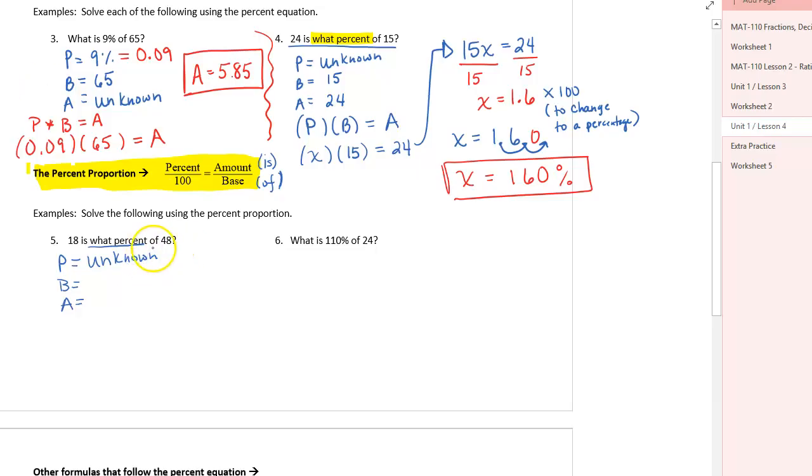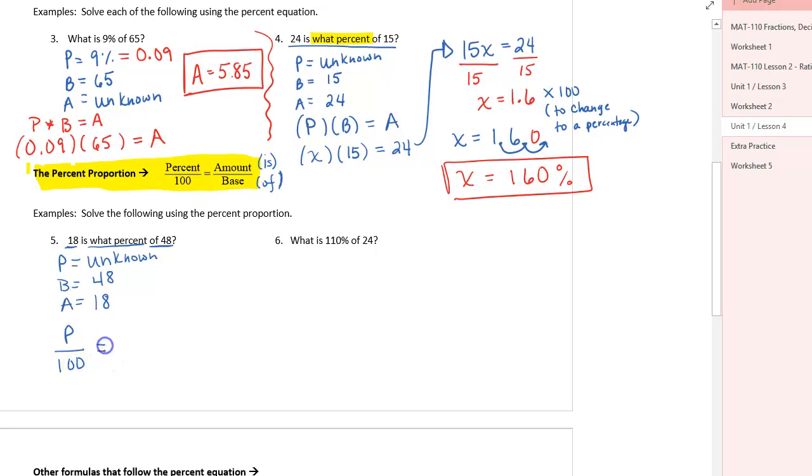The base is what we're taking the percentage of, so that's going to be 48. Notice it follows the word of. And the amount we get when we take the percent is the 18. Notice that 18 is followed by the word is, because that is the amount we get when we take the percent.